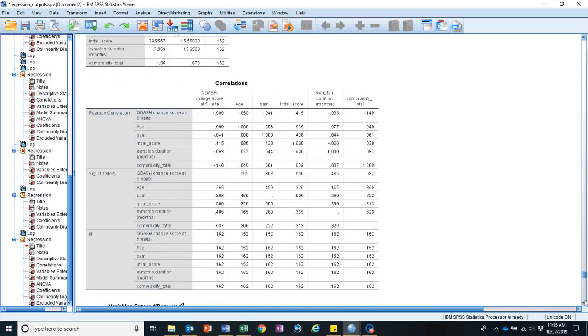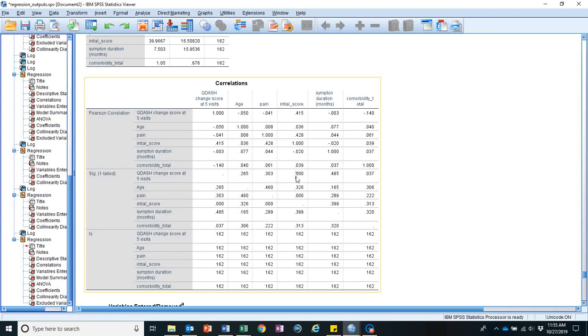I went on and asked it for correlations, so I already know that the multicollinearity is pretty low. With this correlation table, looking at QuickDASH change score at visit 5, age has a pretty low correlation. Initial score was a pretty high correlation, and it might even be significant if you look down here.